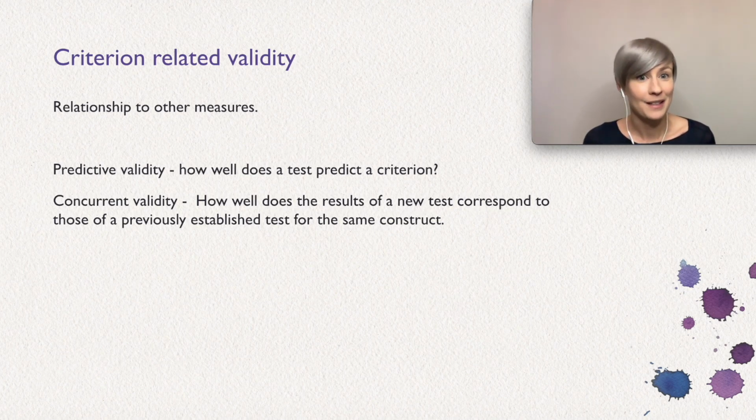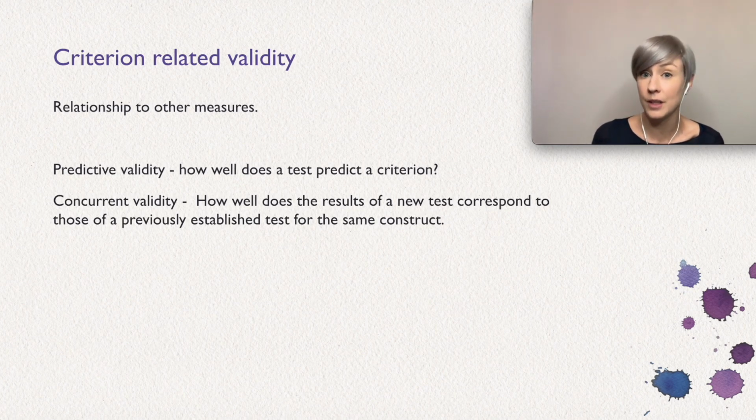The other type here is concurrent validity. That is the extent to which the results of a particular test or instrument corresponds to those of a previously established test or instrument for the same construct. So for example, let's say I'm going to make a new shorter test on the same content, like I have an older standardized test that I know has good validity.